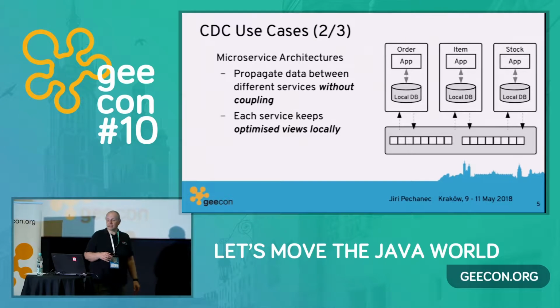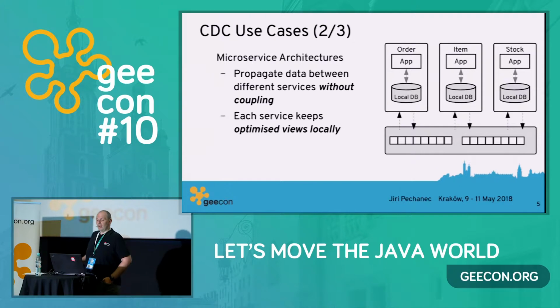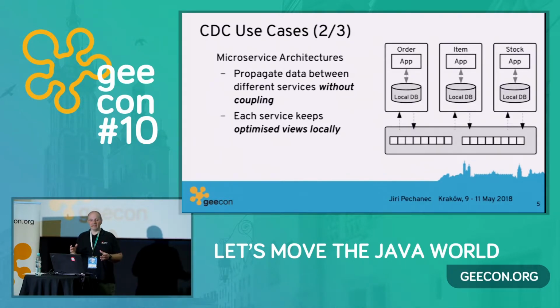The next use case, and I would say it's quite popular these days, is microservice architecture. In this case, we are trying to propagate data from the local storages of each microservice to a global bus. So we can then orchestrate the services and react to changes or events from one service by another service.